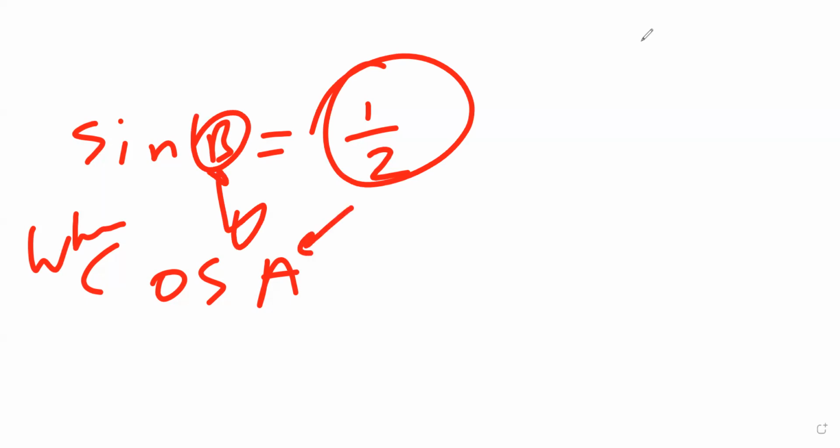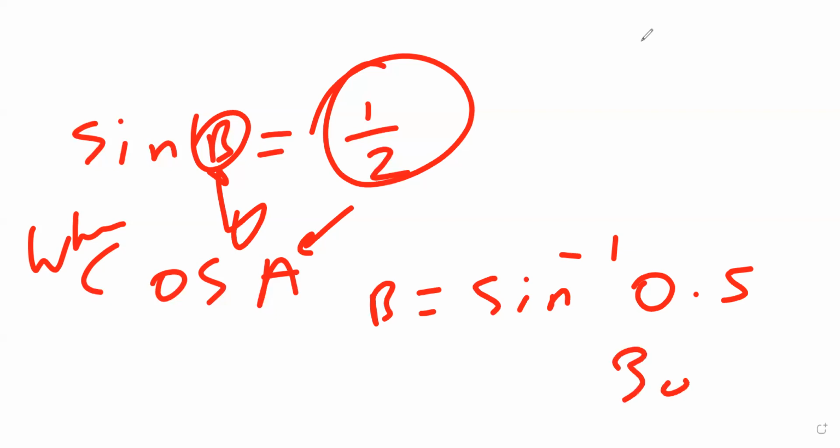So if I write this as a shortcut, B is equal to inverse sine of a half, as a decimal 0.5. Inverse sine, we get 30 degrees.